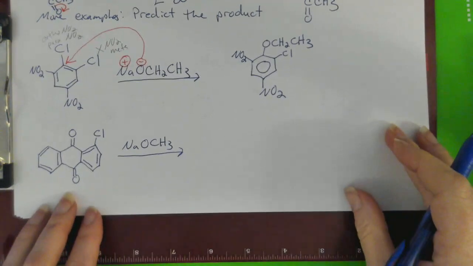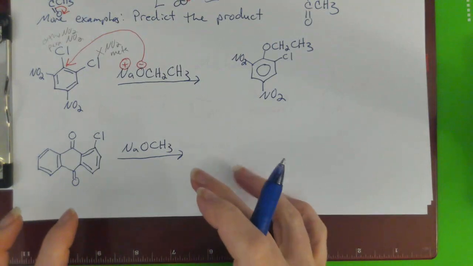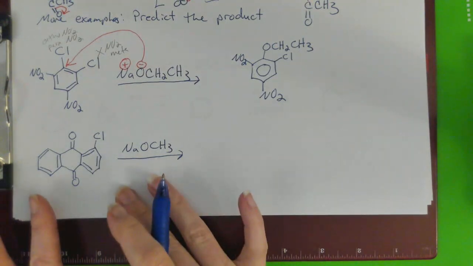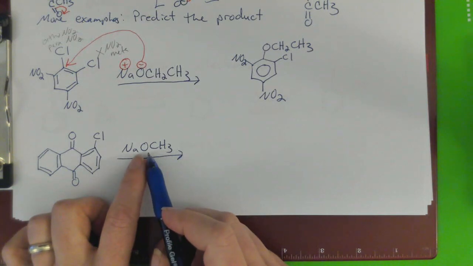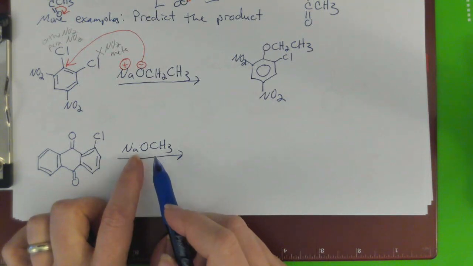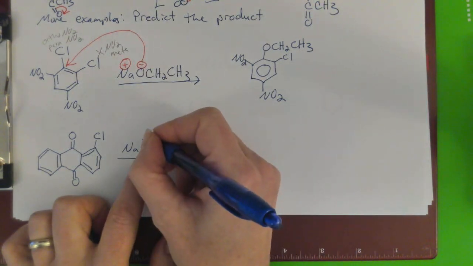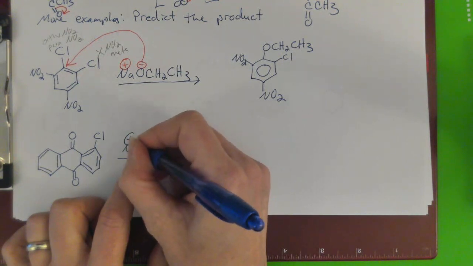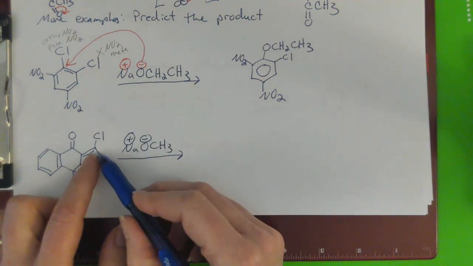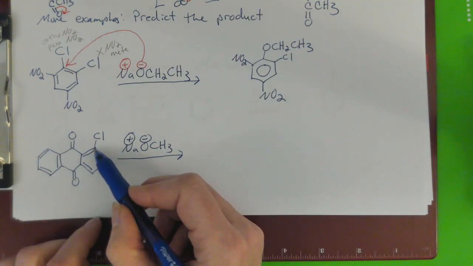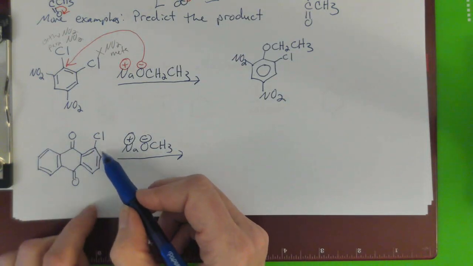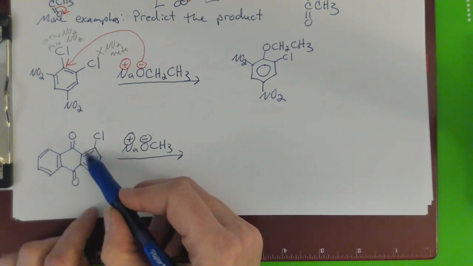Okay, and then let's try this one down here. Also looks a little scary, but let's just break it down. First I recognize a strong nucleophile, right? My methoxide. Okay, I have an aryl halide here, and ortho to it, nothing on this side.